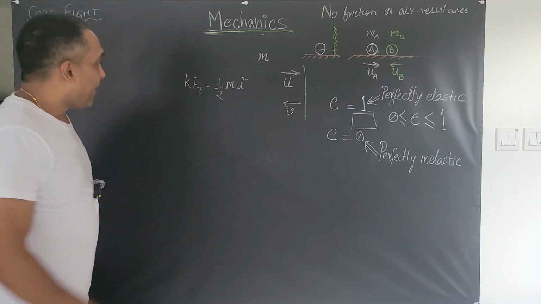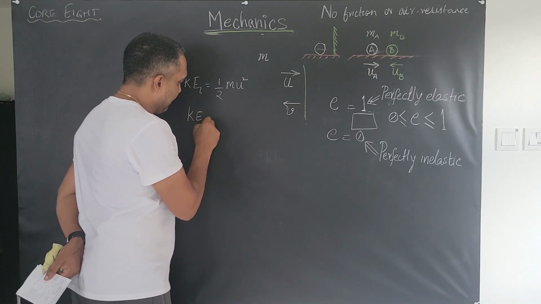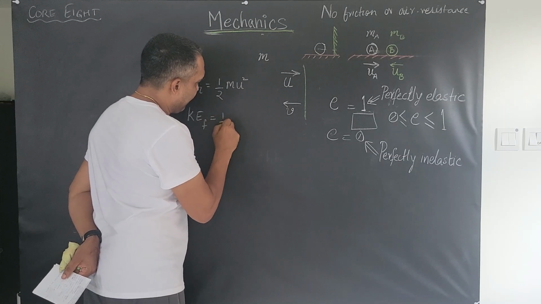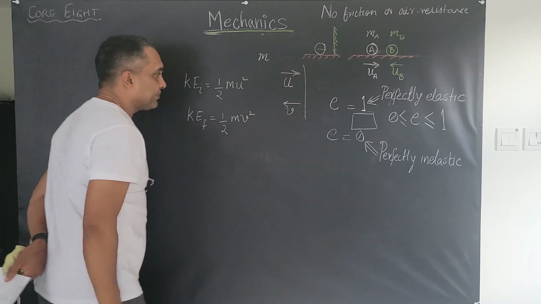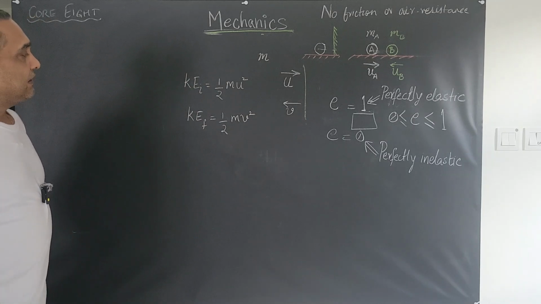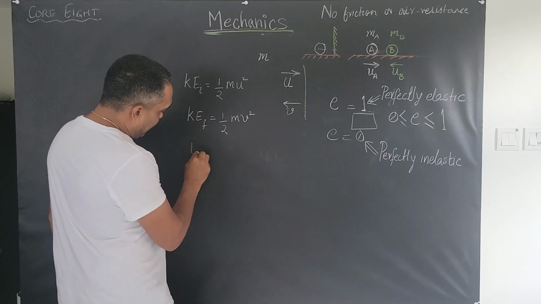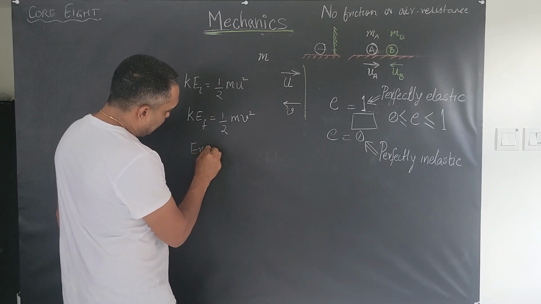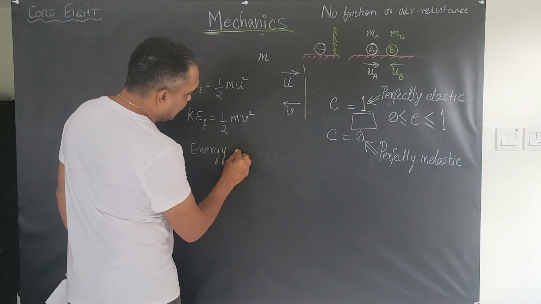And final kinetic energy, so we just write KE with a little f, is equal to 1/2 m v squared. The difference between the two, so the energy that is dissipated.